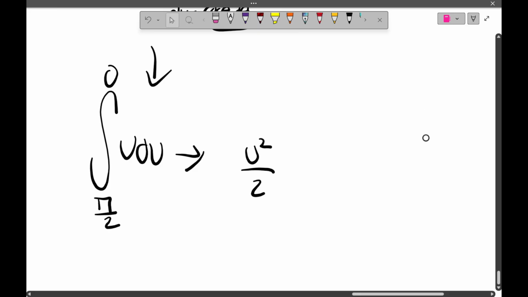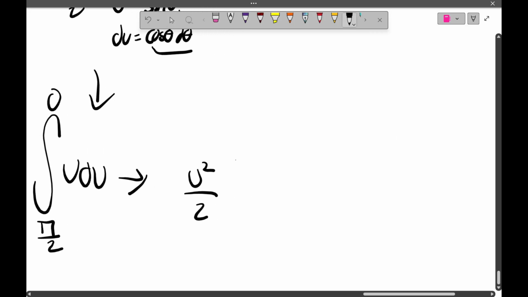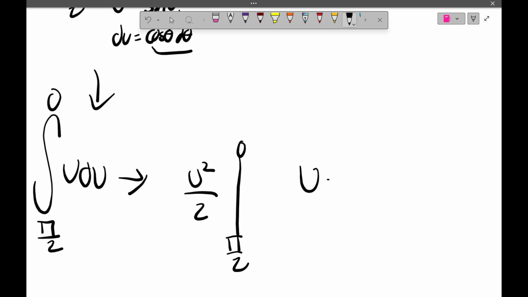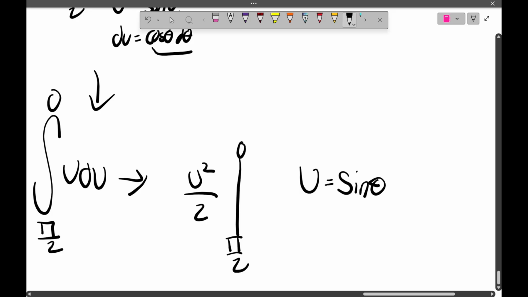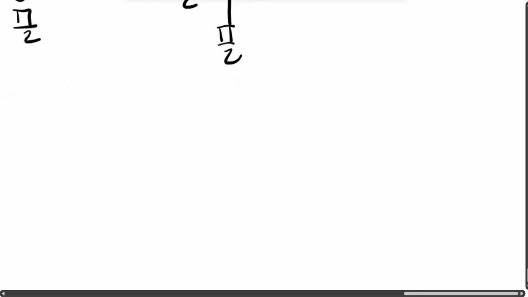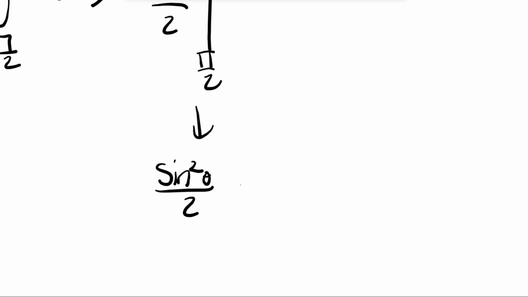Can't tell you off the top of my head why, but there is no constant of integration associated with this problem. You get u squared over 2 from pi over 2 to 0, where u is equal to, as we mentioned up there, sine theta. So you get sine squared theta over 2, evaluated from pi over 2 to 0.